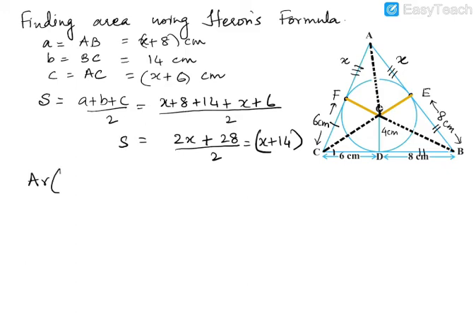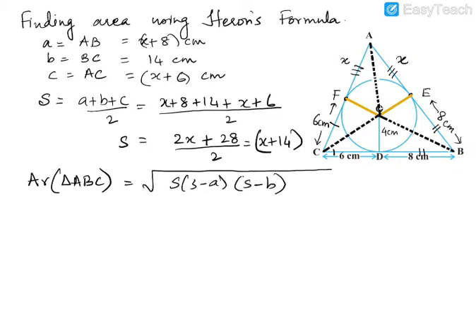Therefore, area of this triangle ABC is equal to square root of s into s minus a into s minus b into s minus c.